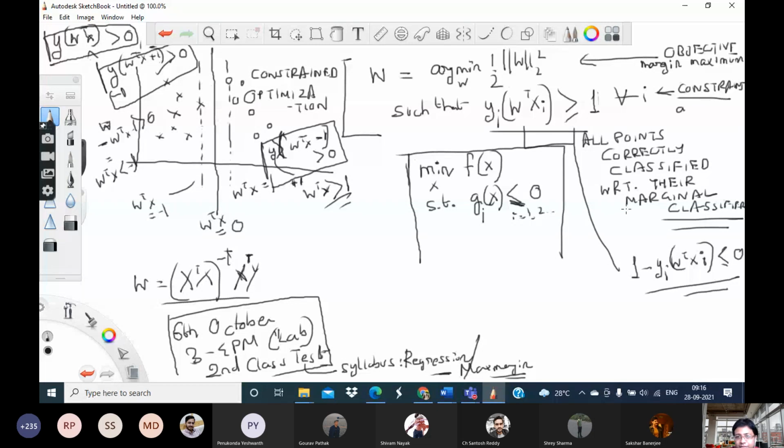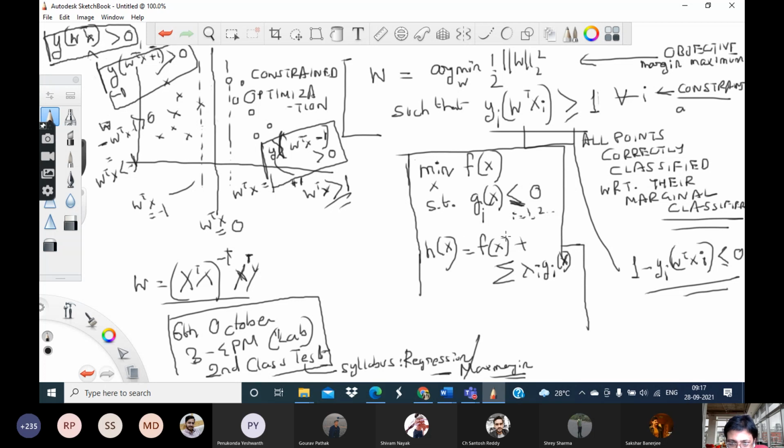Now we define h(x) is equal to f(x) plus the sum of lambda_i g_i(x). Right, lambda_i g_i(x). This is h(x).